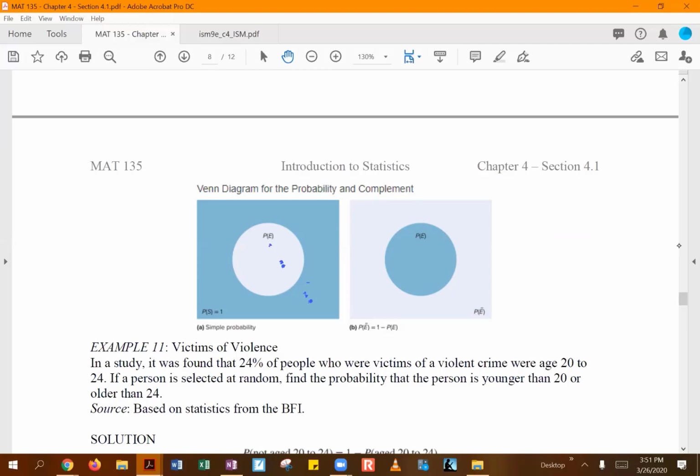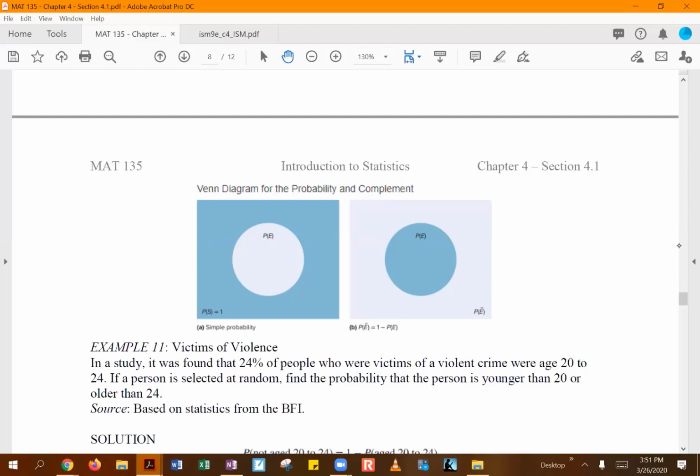Same way here, if you know the probability of the complementary event, you can do 1 minus the probability of the complementary event to get the probability of the event itself, or vice versa. So you can see how these Venn diagrams are designed.